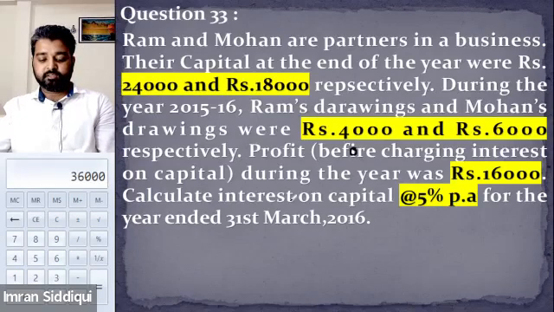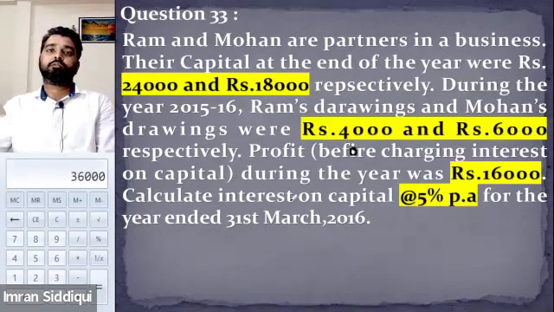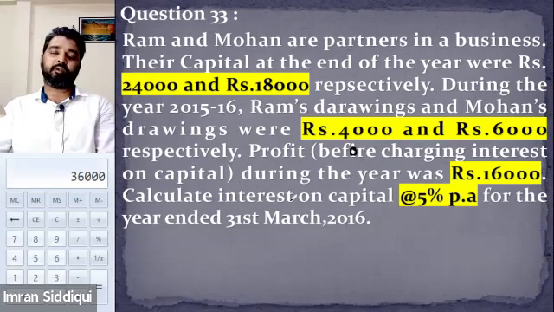So before starting this question, I just wanted to tell you that interest on capital is always and always calculated on the opening balance of the capital, not on the closing capital balance. Is this clear, everyone? The interest will be calculated on what balance? Opening balance, not on the closing balance.